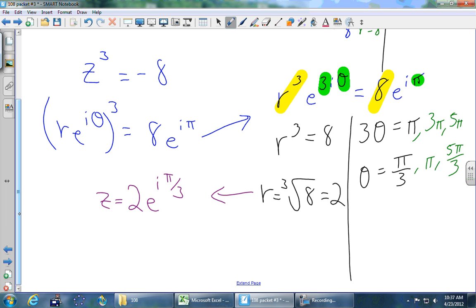So that means our other answers, it's still the same r every time, 2e to the i times, what's the next angle? We got pi over 3 already, so that's now pi. And then finally the last one, 2e to the i times 5 pi over 3.